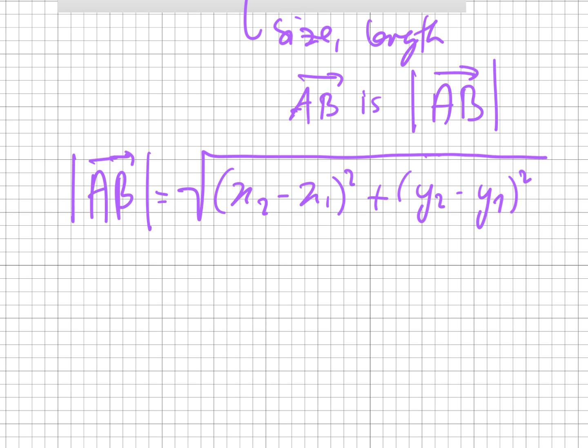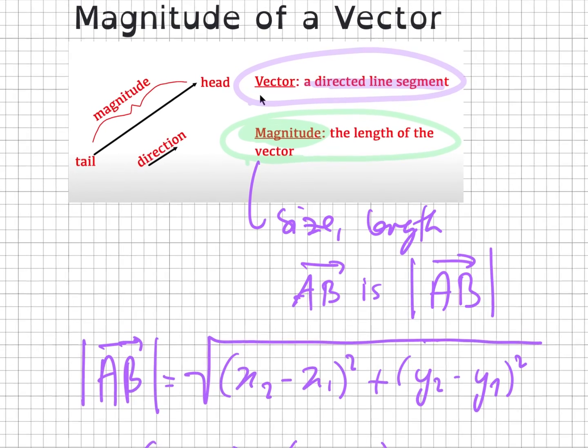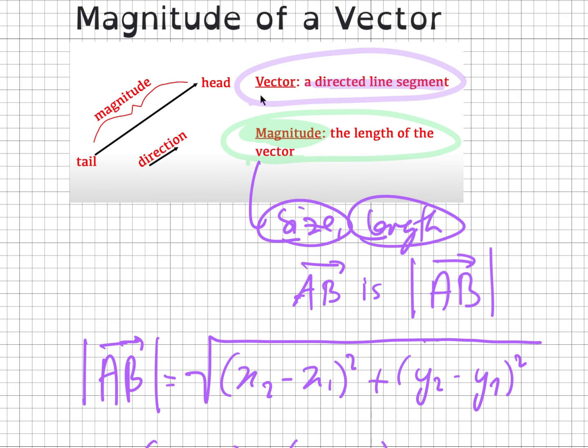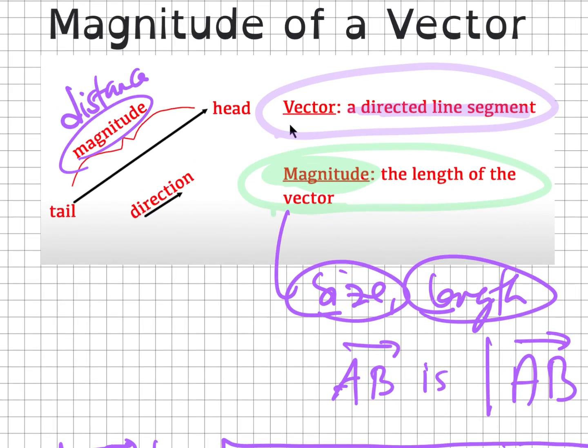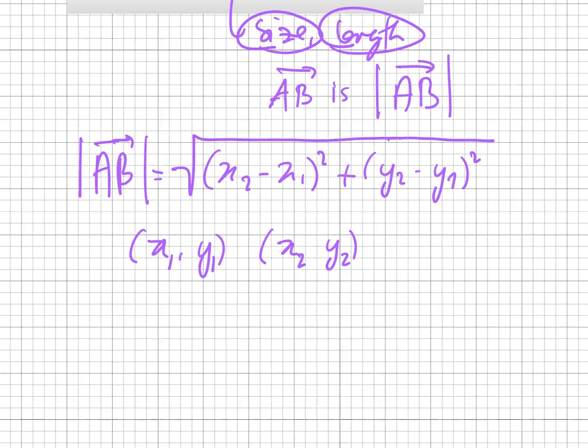There's an x and y, and then another x and y. The first one is x1 and y1, the other one is x2 and y2. Why do we need that? Because remember, a vector has a magnitude, and the magnitude talks about the length, the size, or, as I said earlier, the distance in your lower years. But in this case, we don't call it a distance, we call it a magnitude. So magnitude is somewhat the length.